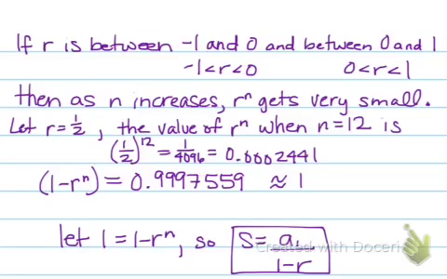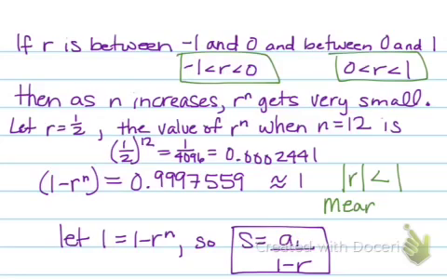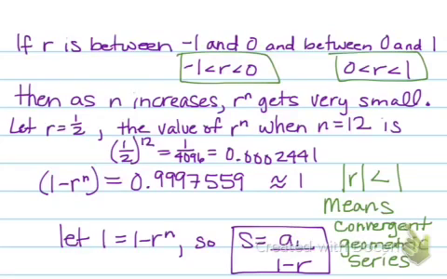So our new equation for the sum of a geometric series is going to drop out that 1 minus r sub n and just make it equal to 1, so we end up with a sub 1 over 1 minus r. Now this is true, again, for those two parameters. So we say the absolute value of r has to be less than 1, and that's called a convergent geometric series.